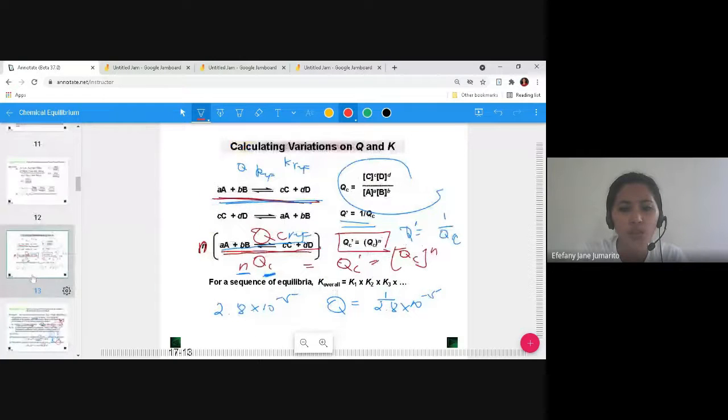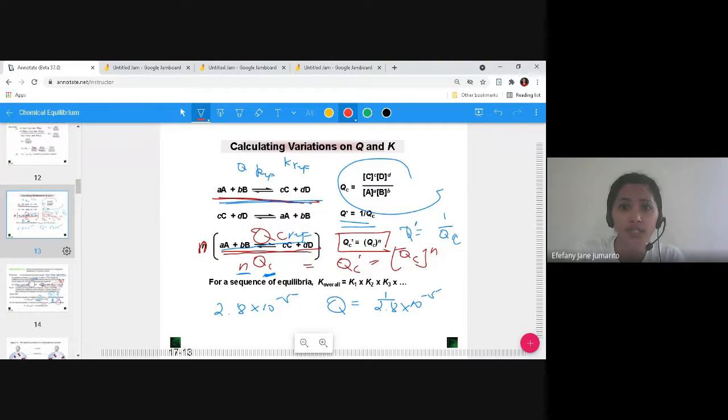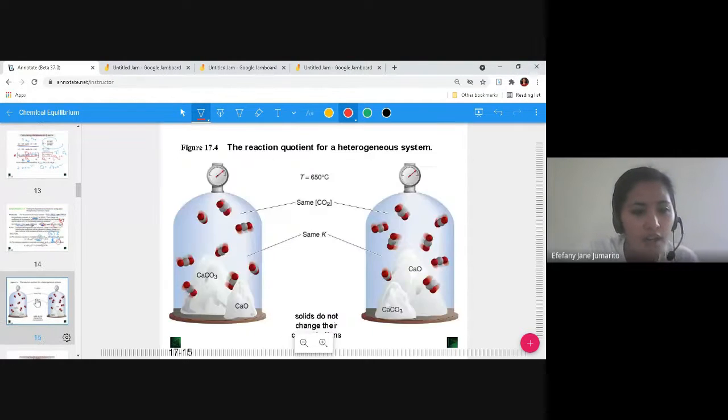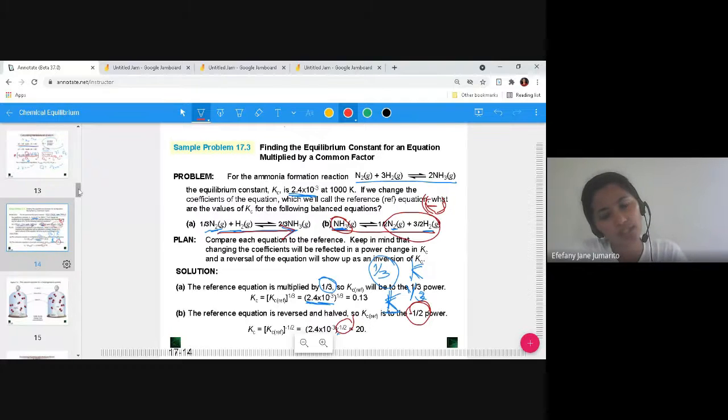Then we have that one: KP and KC are not equal. KP is for pressure, then KC is for concentration. They are not equal, however, they have a relationship. Their relationship is based on PV equals nRT.